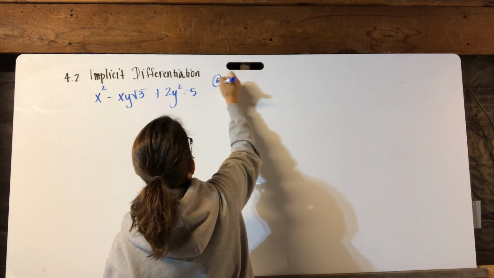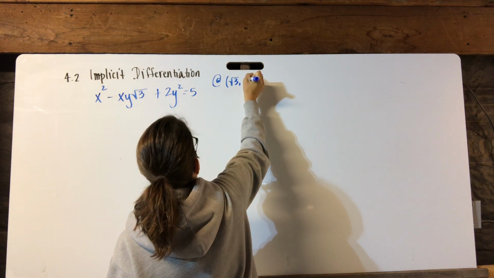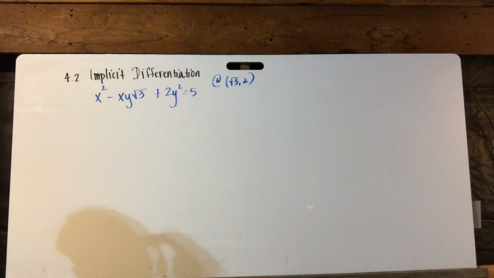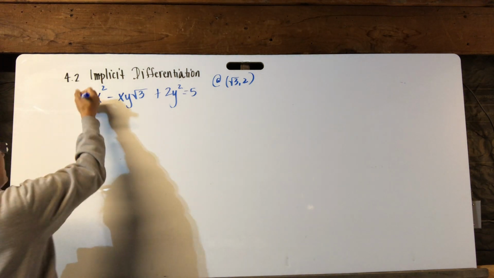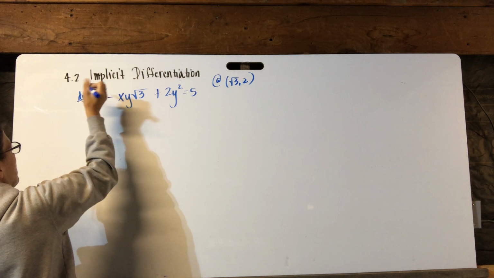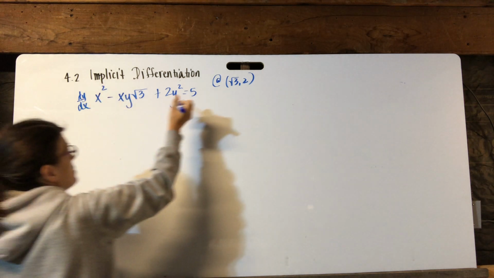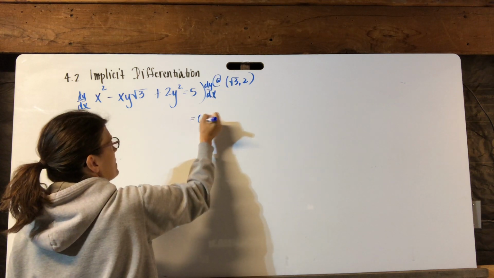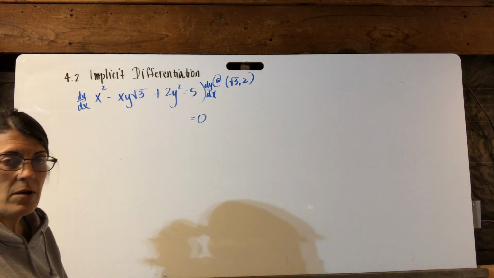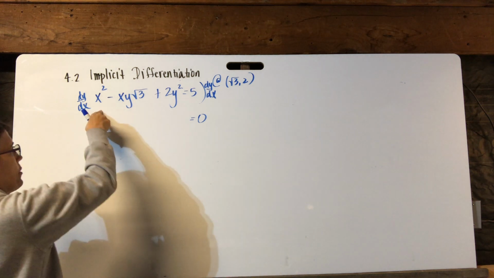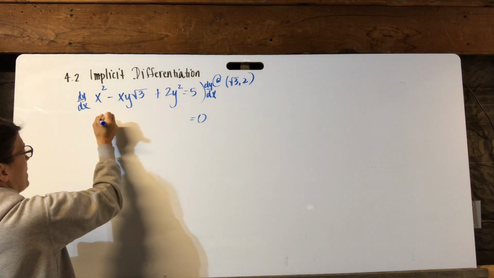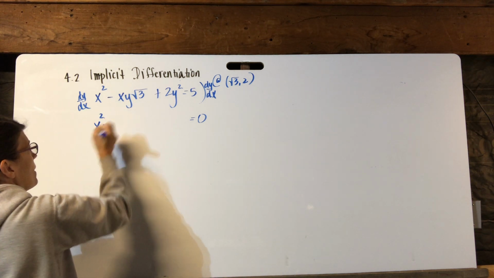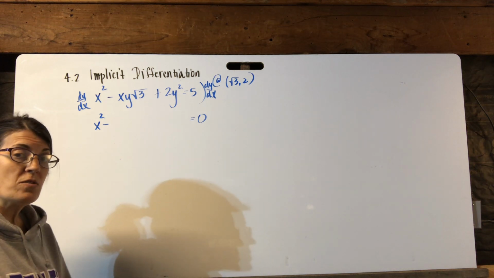And they want to know the point root 3, 2. All right. So I'm going to take the derivative of y with respect to x, both sides. So luckily, derivative of 5 is 0, so that's going to help us out. The derivative of x squared in terms of x is 2x. Minus, you need to use the product rule.